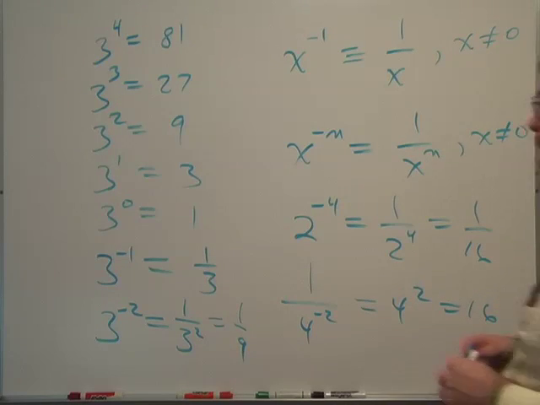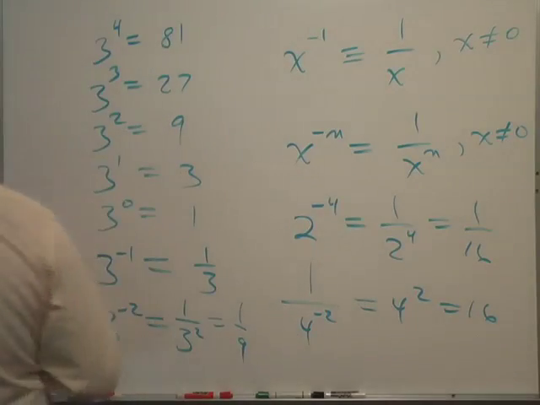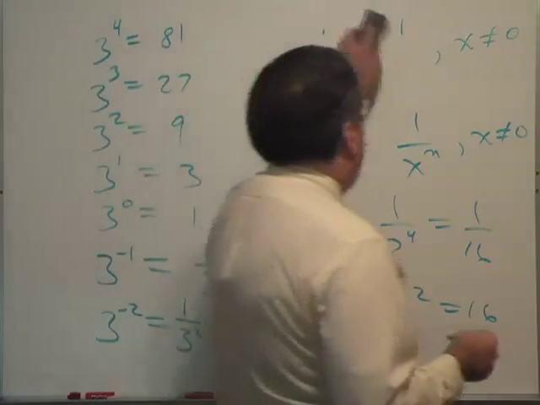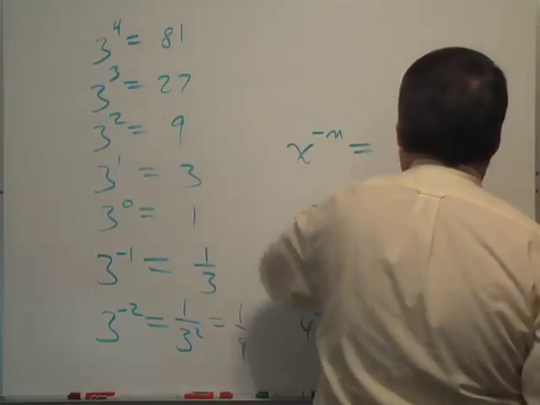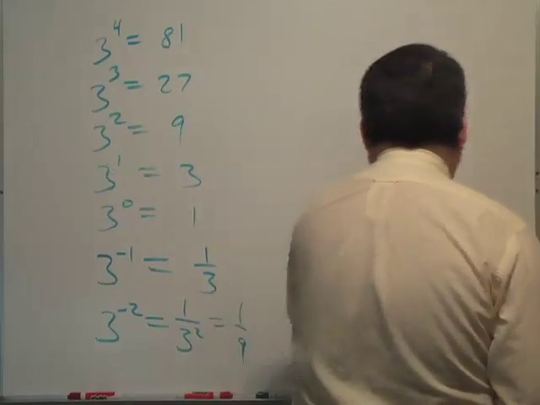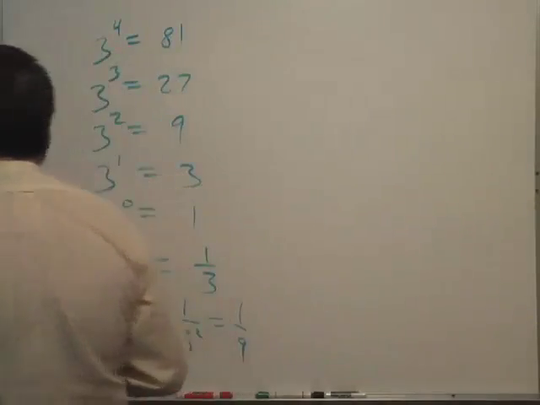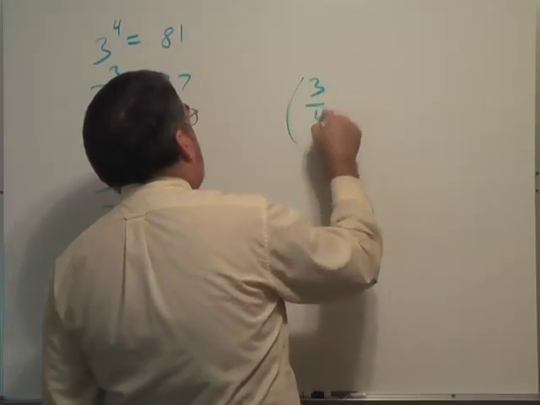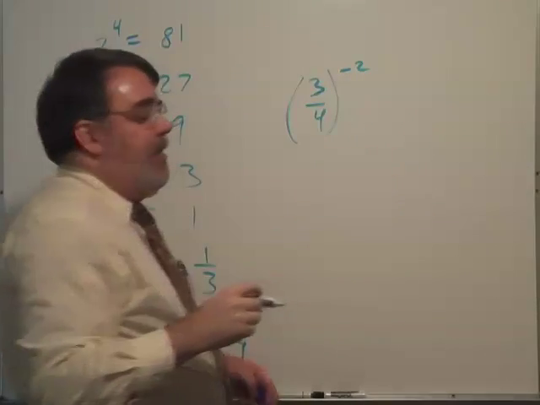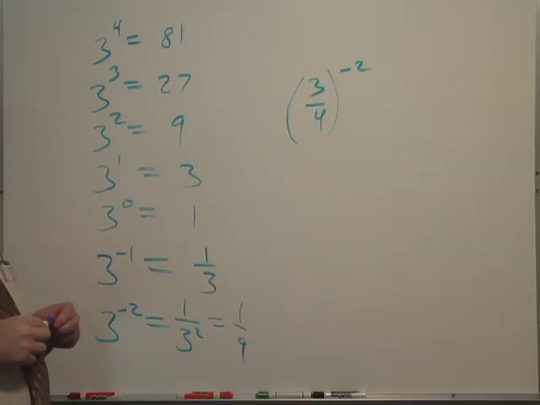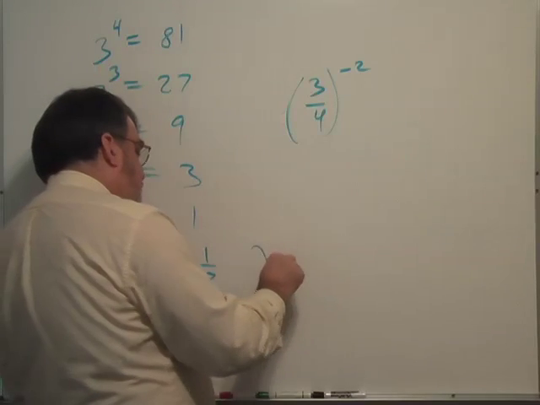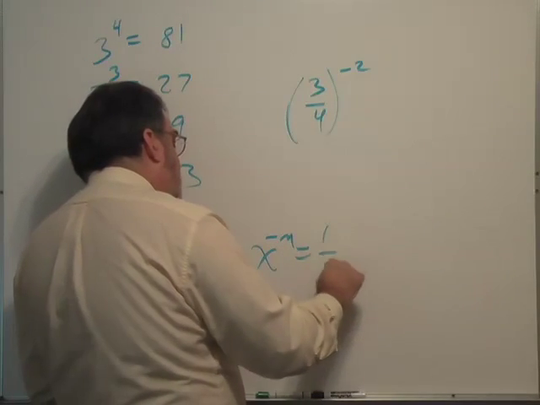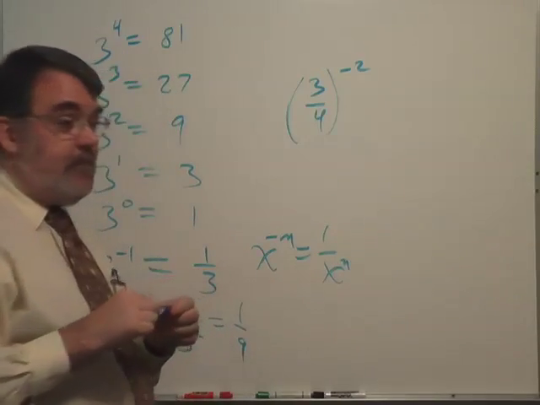All right. Well, let me throw one more example at you here, and let's have a fraction raised to a negative exponent power. Suppose we had 3/4 to the minus 2 power. And I erased the theorem, which says that x to the minus n is 1 over x to the n.